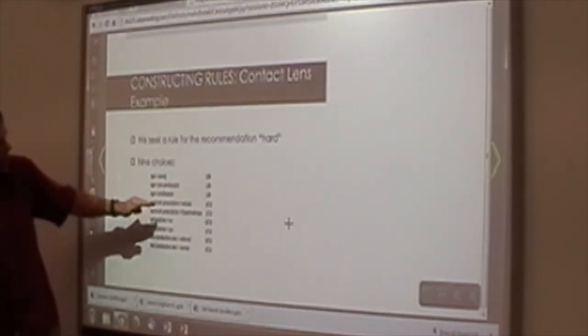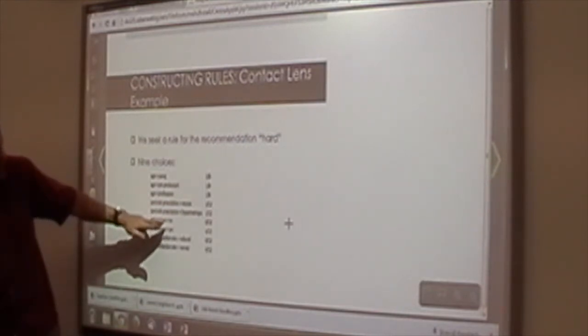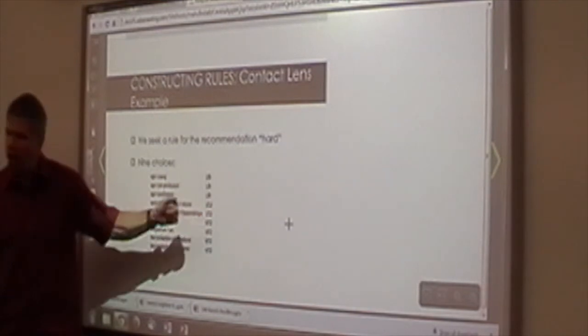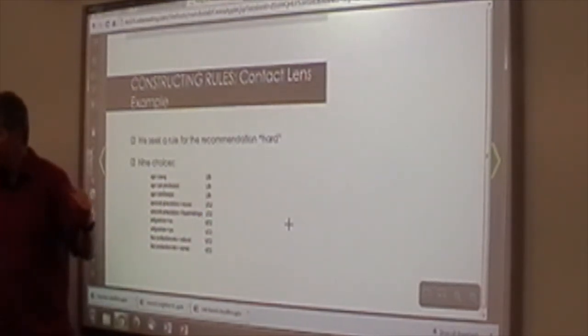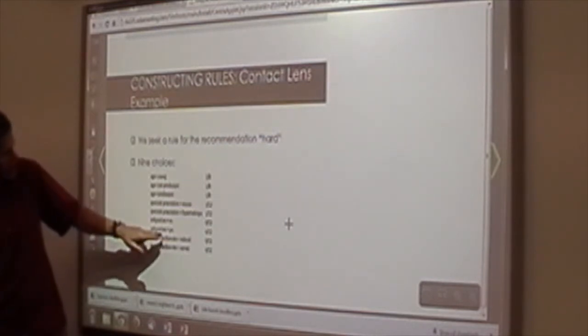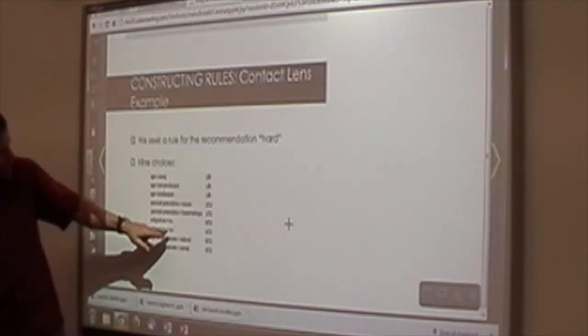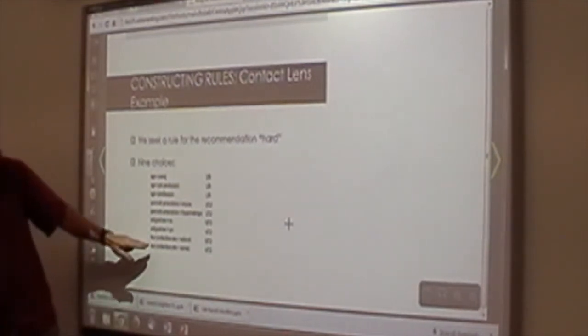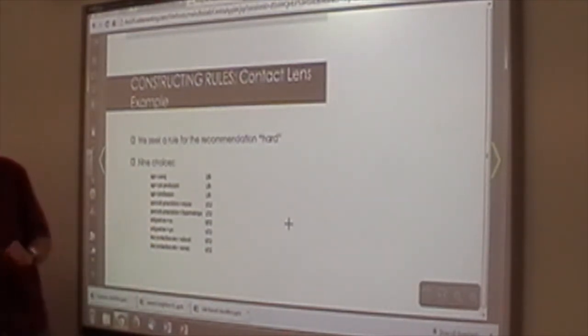And similarly, if you go back and look at astigmatism, if you don't have astigmatism, you get 0 of 12 instances being recommended as hard contact lenses. But if you do have astigmatism, 4 out of 12. And similarly for your tear production rate.